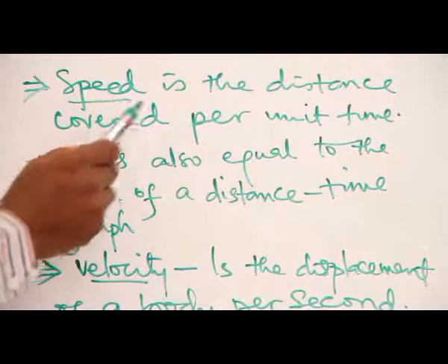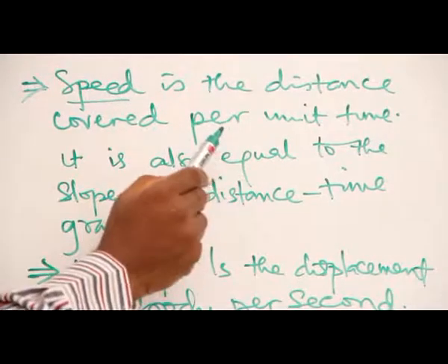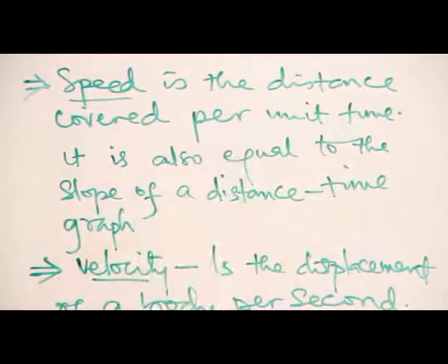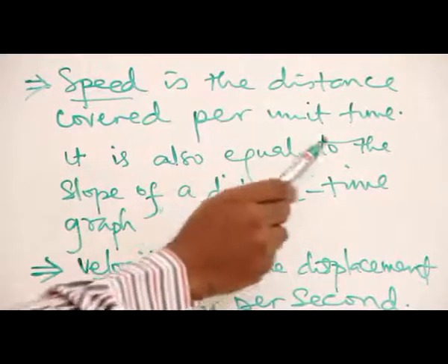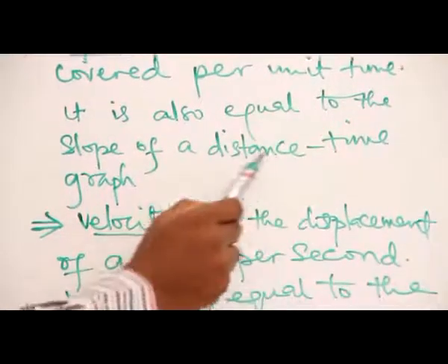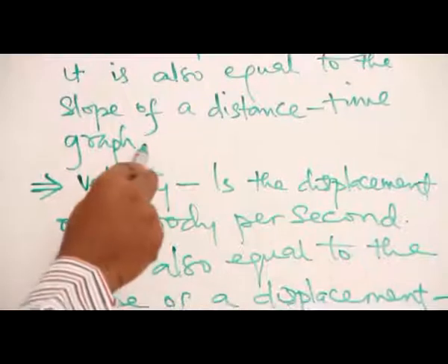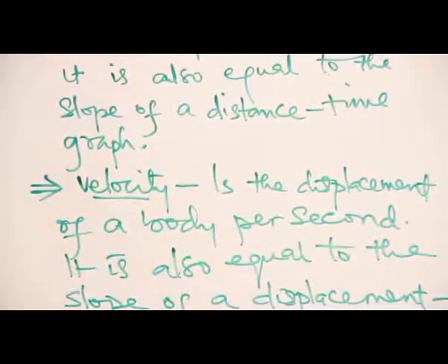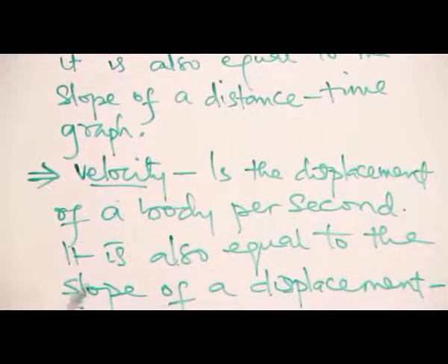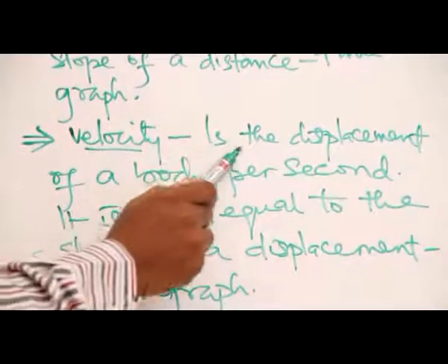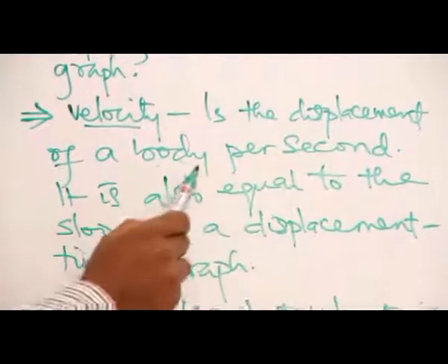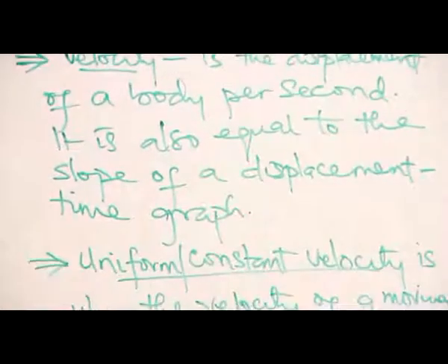Speed is the distance covered per unit time. It is also equal to the slope of a distance time graph. Velocity is the displacement of a body per second.